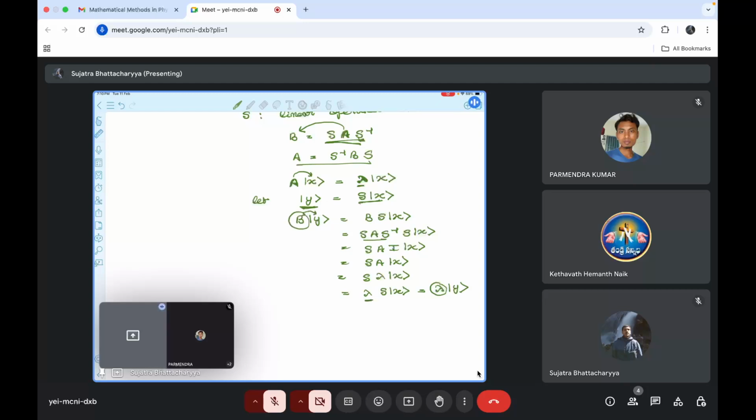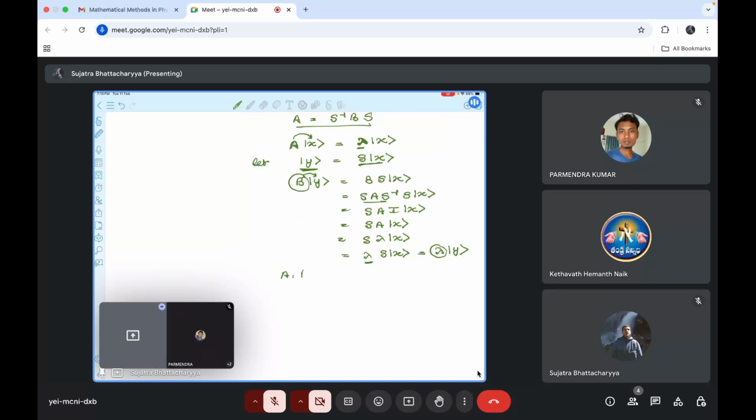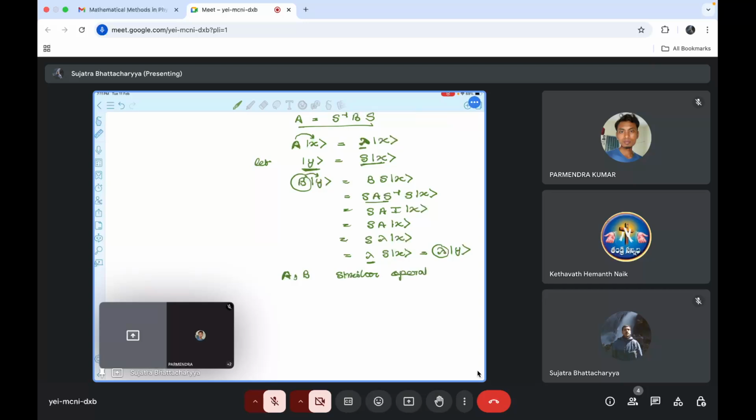We are getting the same lambda. So A and B are similar operators, which means that they share the same eigenvalues.